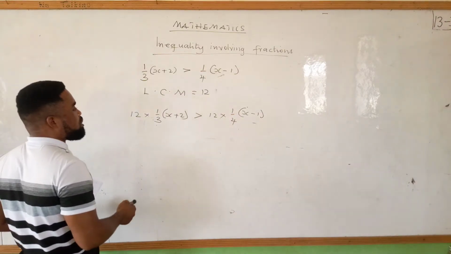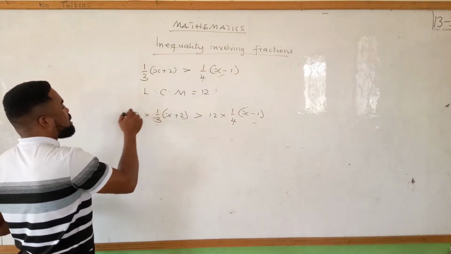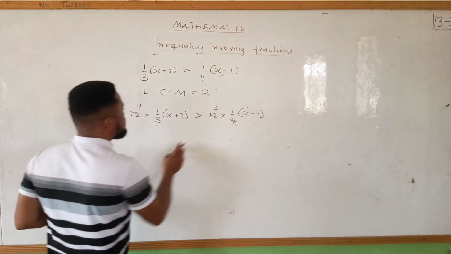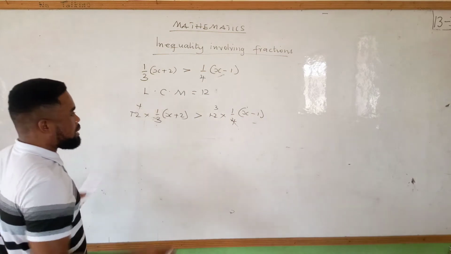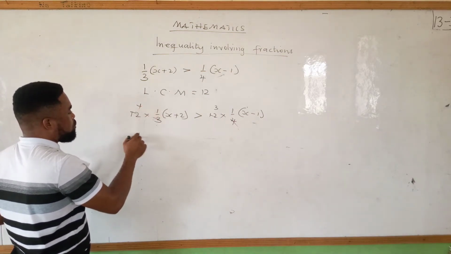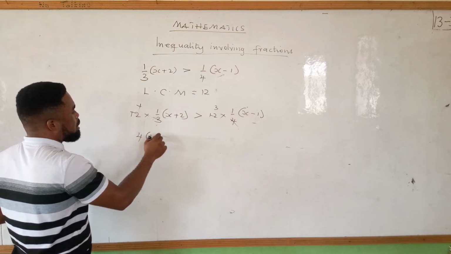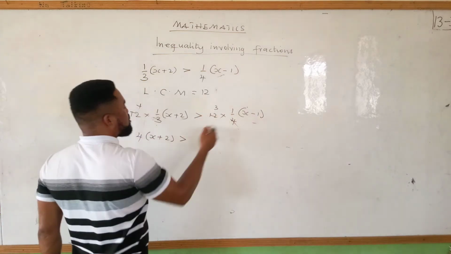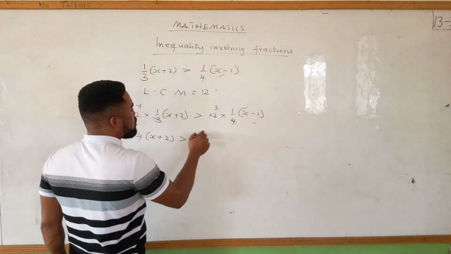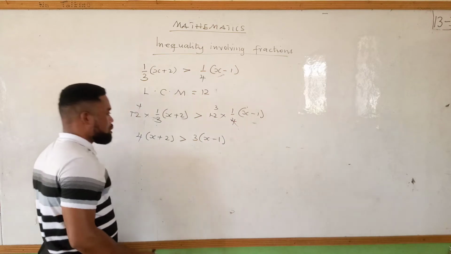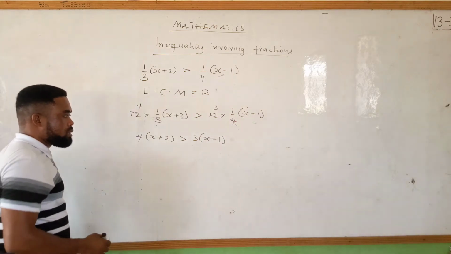So now let's simplify. 3 will simplify here, 4. 4 will simplify here, 3. So now let's rewrite the inequality. 4 times 1 is still 4 into bracket x plus 2, greater than 3 times 1 is still 3 into bracket x minus 1. Good. Now let's dissolve the brackets.